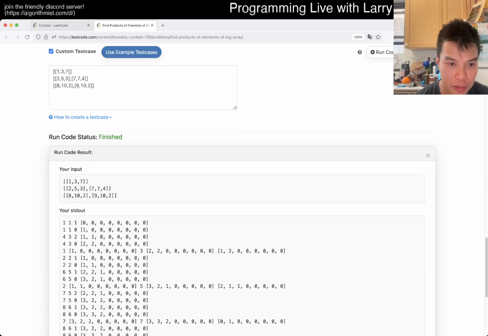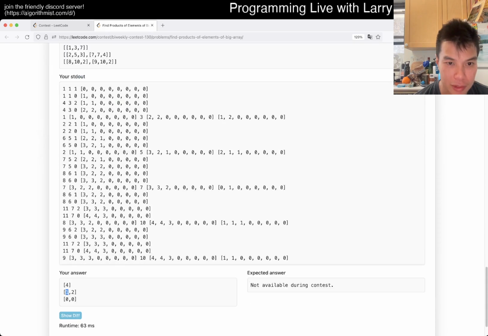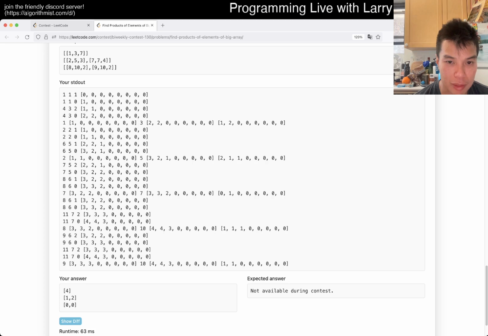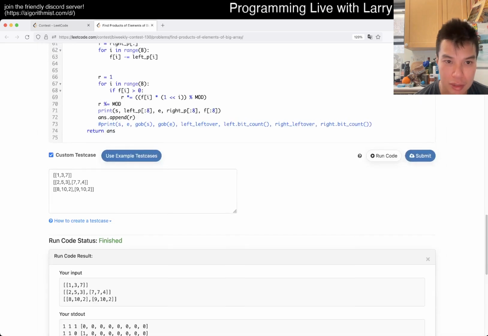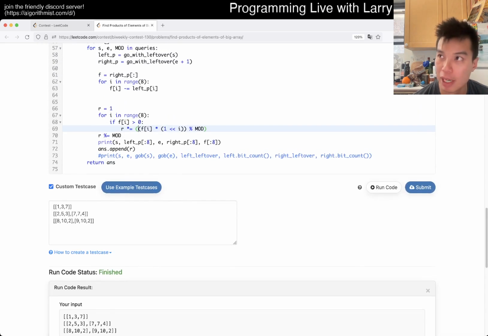This is 2 to 5. 2, 5. What's that? 2 times 4 is 8. 8 mod 3 is 2. Wait, this is right? 2. Oh, this is wrong. This is not the number of count.